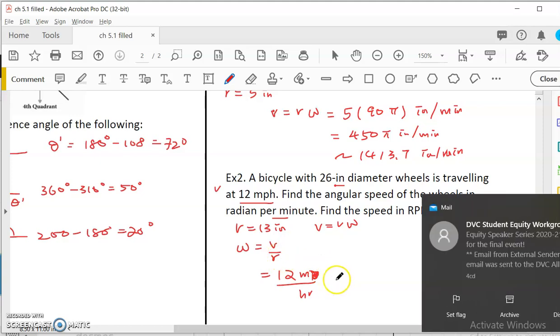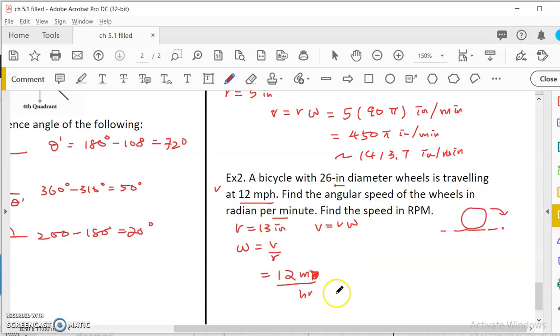And then I divide it by r. R is 13, so times 1 over 13, right? But this is in inches, so miles and inches cannot cancel. And I also want it to be in radians and in minutes. This is hours, so I first have to change the miles into inches so I can cancel with these inches.